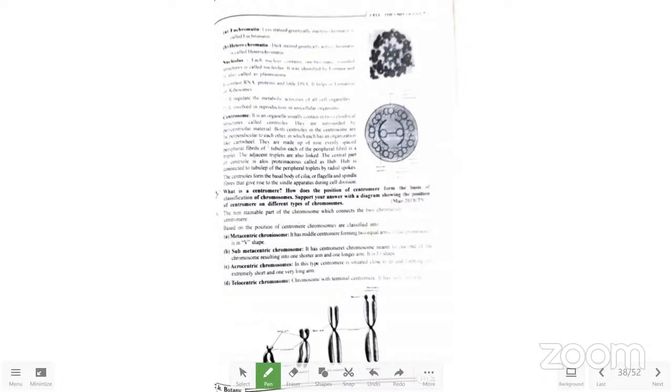Centromere is the part present that divides the chromosome into arms. This part is called the centromere.